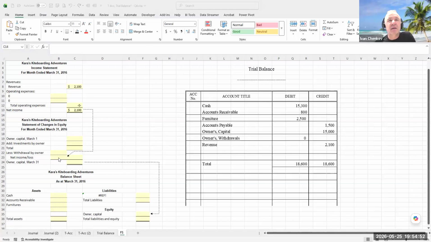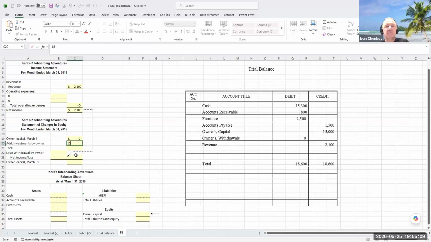Now that net income is going to flow here, but before we do that, let's see what the opening balance for the owner's capital is. If you remember, there was nothing, so beginning was zero. Then the owner invested 15,000, so the total became 15,000.